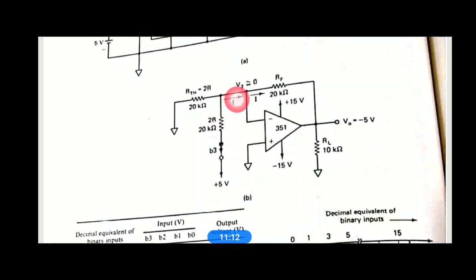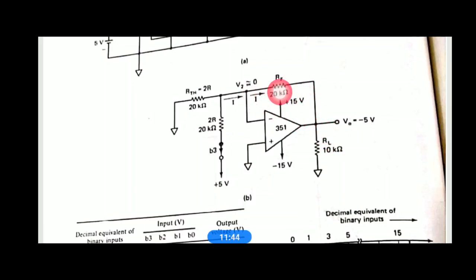So whatever current is flowing here, which is I, from this circuit it is 0.25 milliamp. The output voltage dropped across the RF is 0.25 milli into 20 kilo, which gives an output voltage of 5 volt.